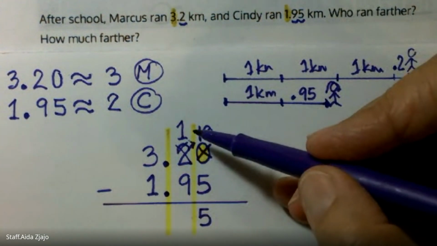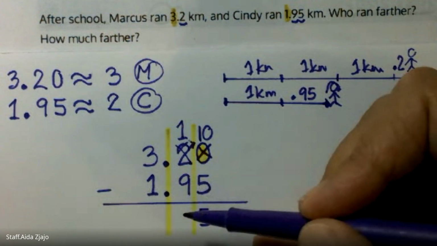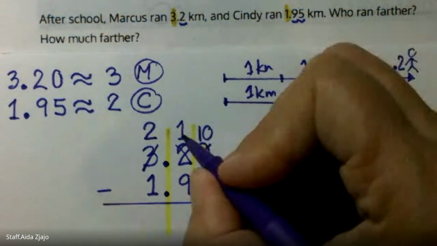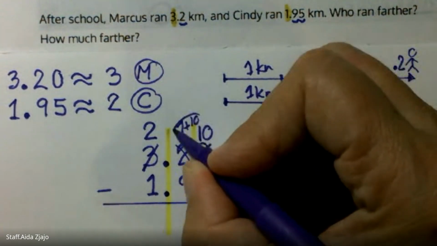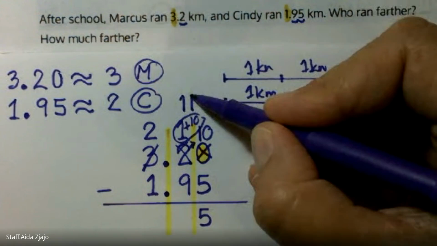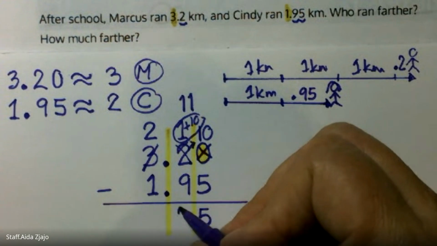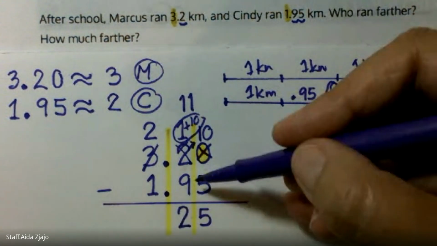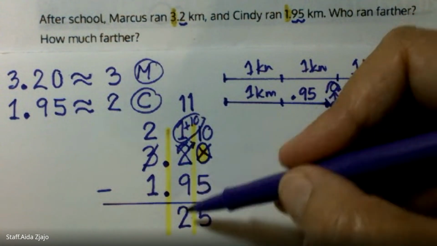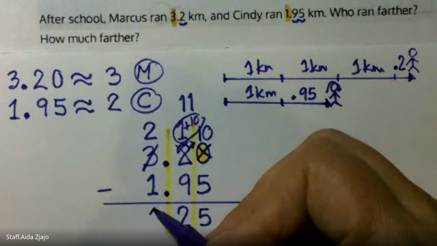Now I have 0 tenths and I need to give away 9, so I have to regroup the wholes and make that plus 10. Together that will be 11. Now I have 11, give away 9. 9 and 2 makes 11, so 11 minus 9 is 2, because 9 plus 2 is 11. And then the decimal point, and 2 minus 1 is 1.